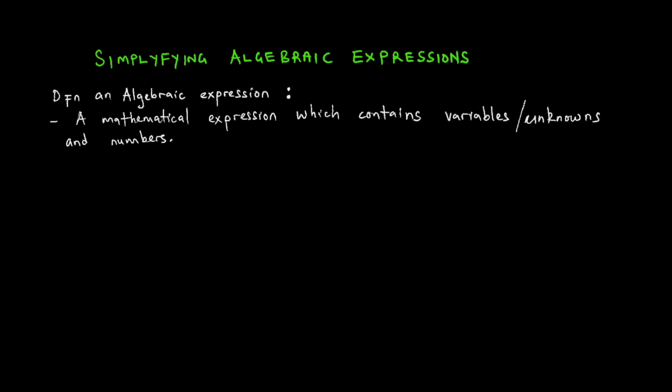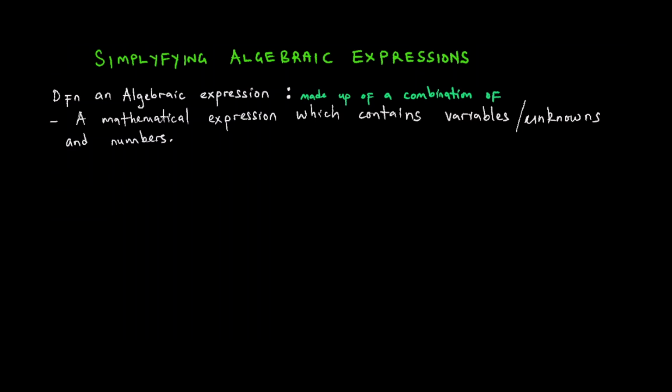So that's basically what an algebraic expression is. It's a mathematical expression, but in it we have numbers and also variables or unknowns. So this mathematical expression is made up of a combination of variables and numbers.